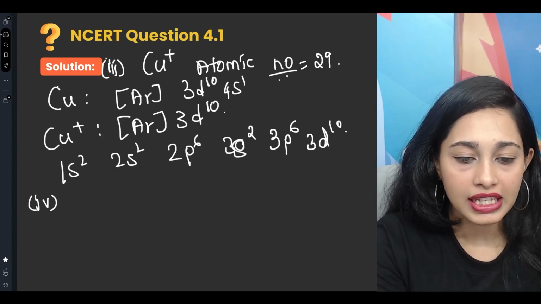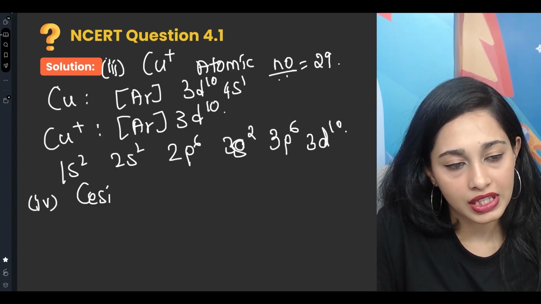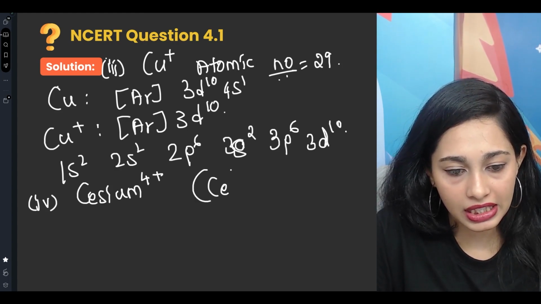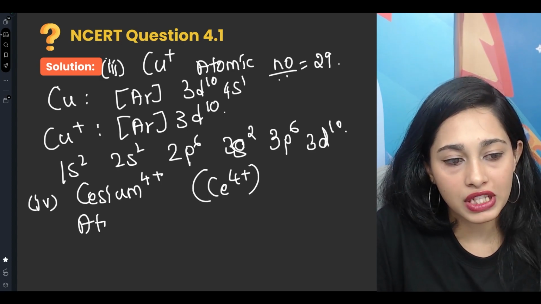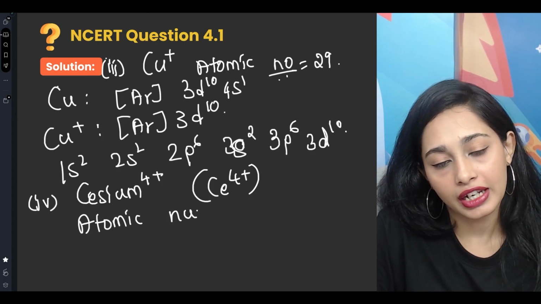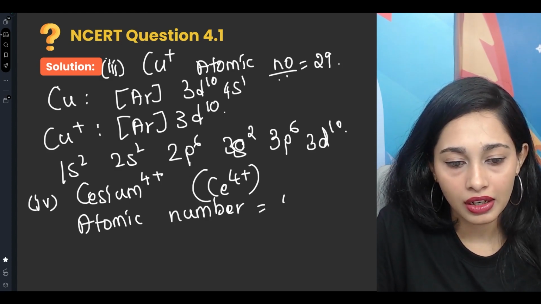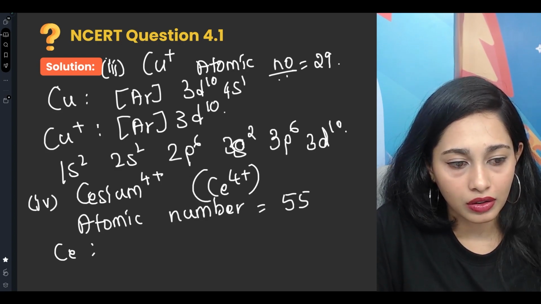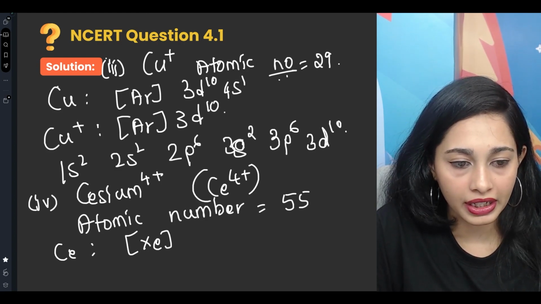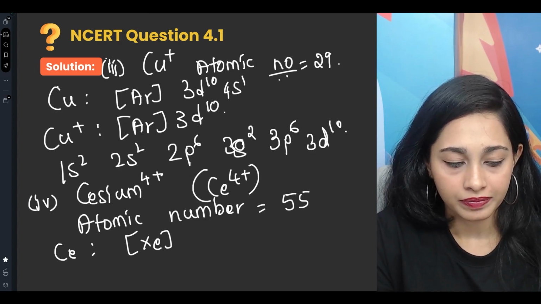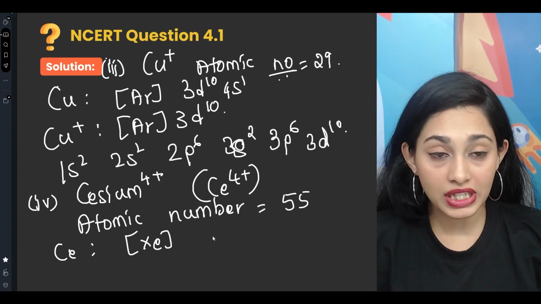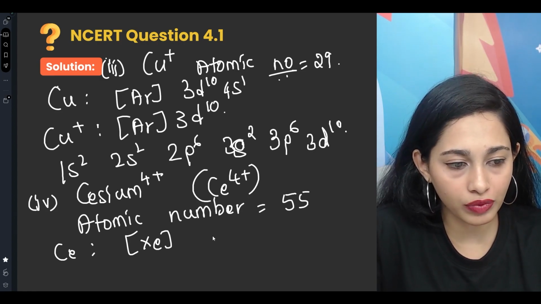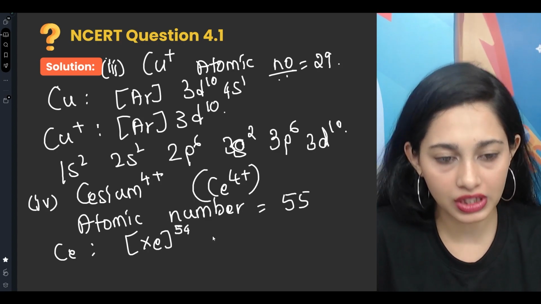Next, we have cesium 4+ ion. It is Ce 4+. The atomic number of cesium is 55, and the xenon configuration is 54.